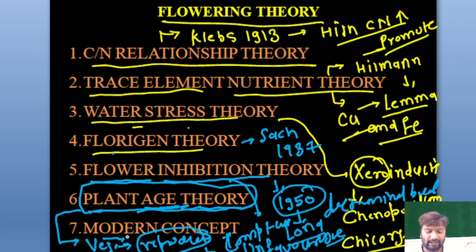According to the modern concept, there are a number of pathways such as autonomous pathway, gibberellic acid pathway, photoperiod pathway, vernalization pathway, and environmental pathway, which are integrated to each other and regulate the flowering process. So friends, this is about the theory of flowering. In this we covered these 7 theories, and in this lecture we will focus mainly on the modern concept.